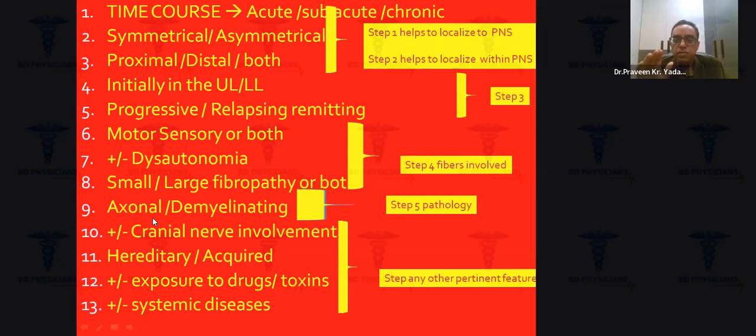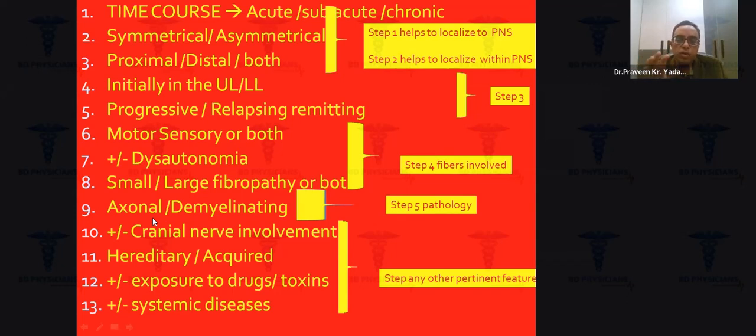The proximal reflexes will be normal. For example, the patient has distal weakness and wasting, but when you examine, the supinator jerk is absent, the ankle jerk is absent, but the biceps and the triceps are present. So that is the feature, and there is no wasting in a demyelinating type of neuropathy, while in axonal there is wasting. And then nerve thickening may be seen in a demyelinating neuropathy, while in an axonal one, the nerve thickening is not seen.